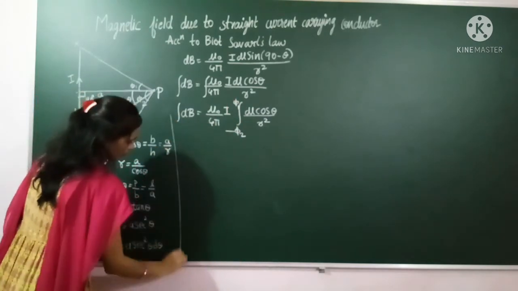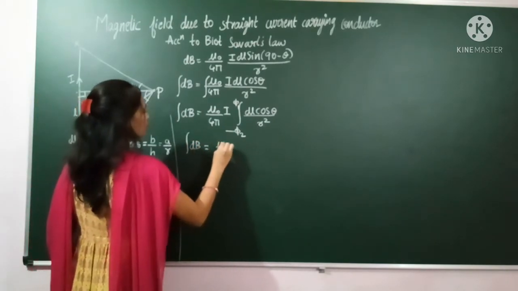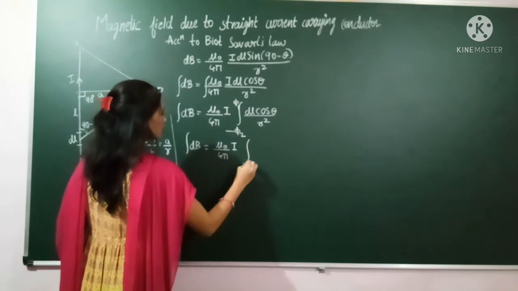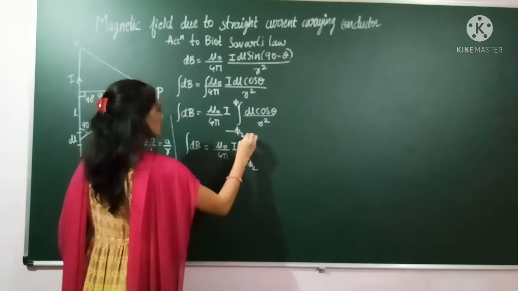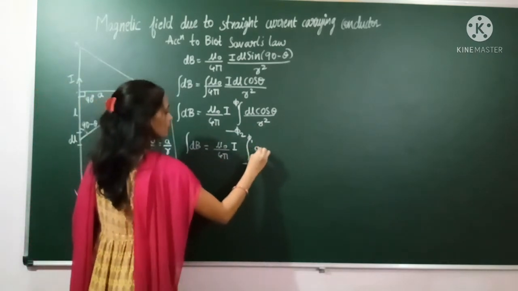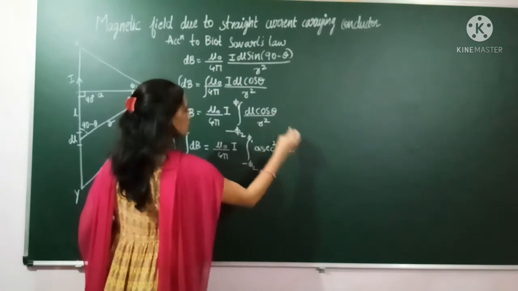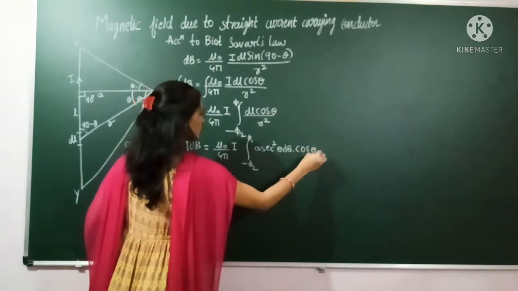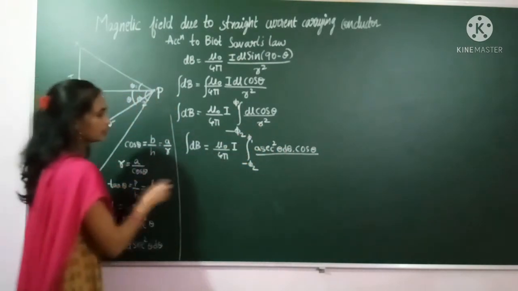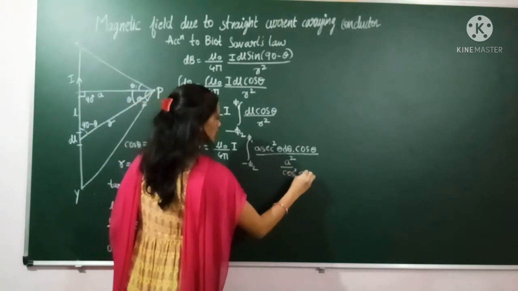So now we will write the integration of dB is equal to mu naught divided by 4 pi I, integration from minus phi 2 to phi 1. dl can be written as A sec square theta d theta, and this is cos theta, divided by r square. r is a divided by cos theta, so here I will write a square divided by cos square theta.